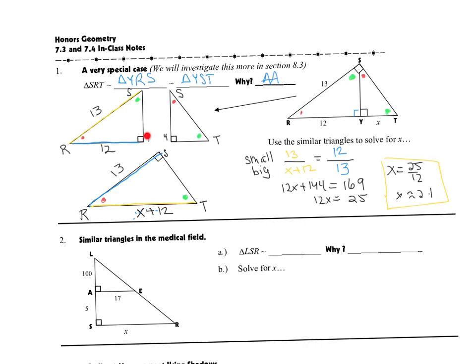So I'm going to start here and go from the 90-degree angle to the red angle and then to the green angle. If that coloring helps you, then go ahead and do that. Same thing here: I start at the 90-degree angle, go to the red, and end at the green. And that's going to help us set up our proportions.